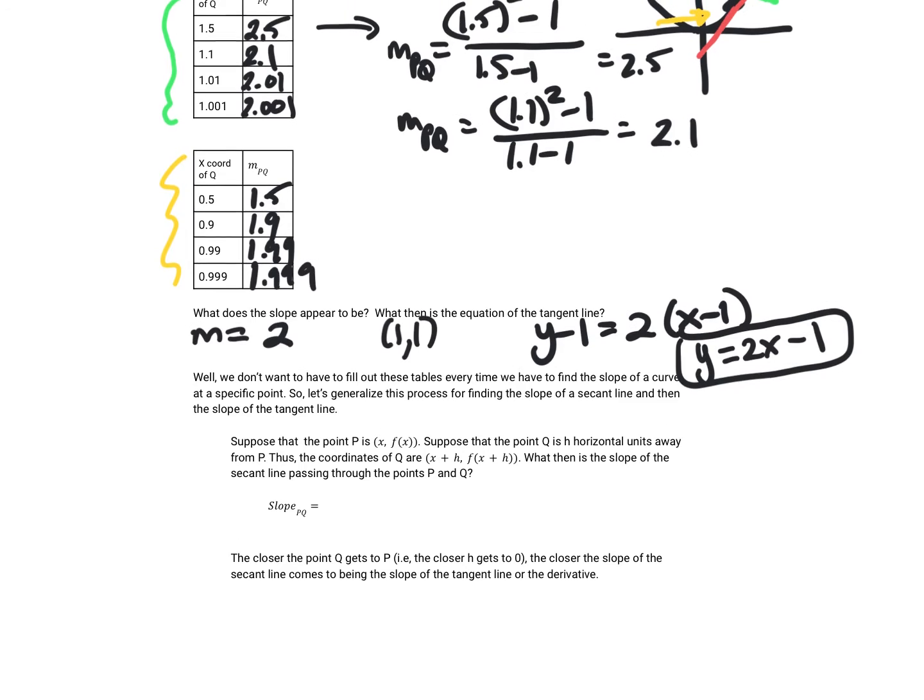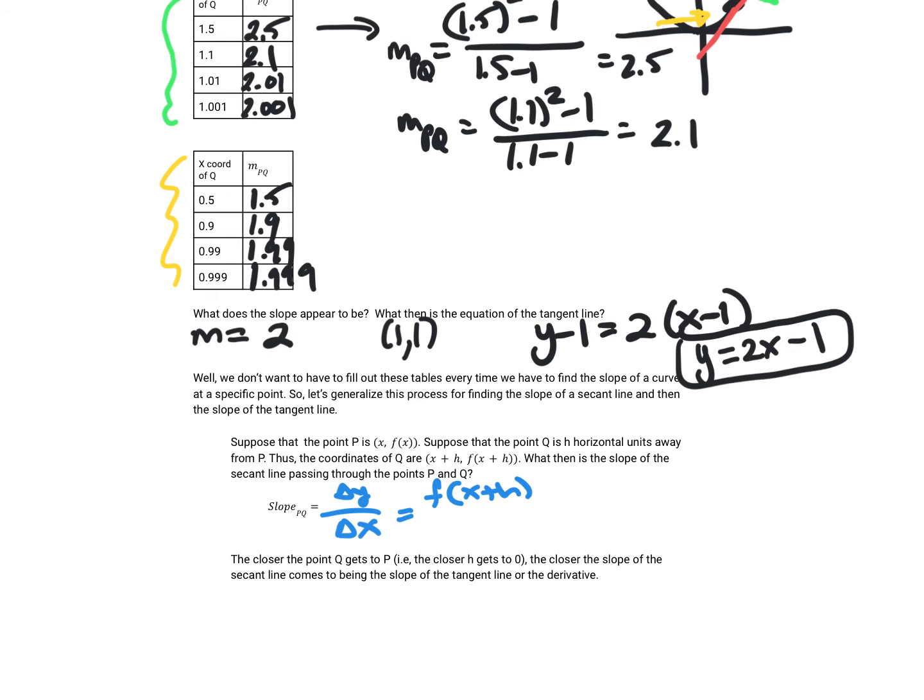And we said that the slope of PQ was equal to change in y over change in x, which is f of x plus h minus f of x over x plus h minus x. And we saw that in the denominator the x's are going to cancel, so this becomes just our difference quotient.